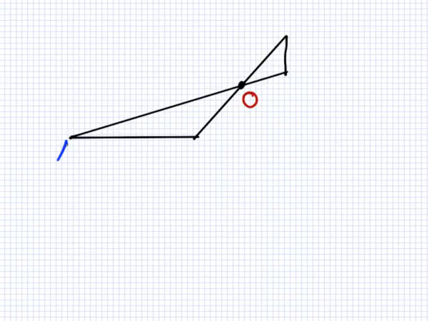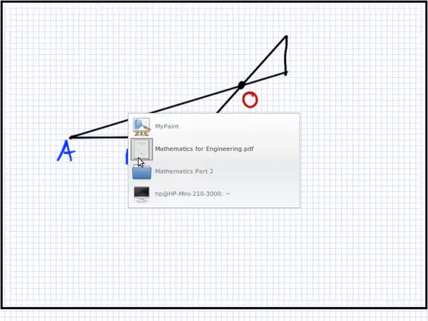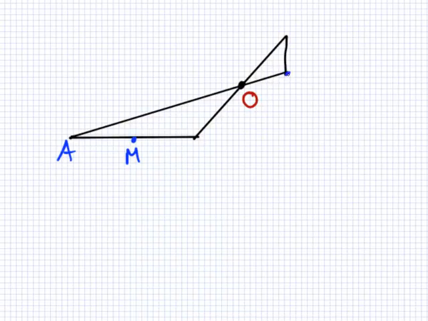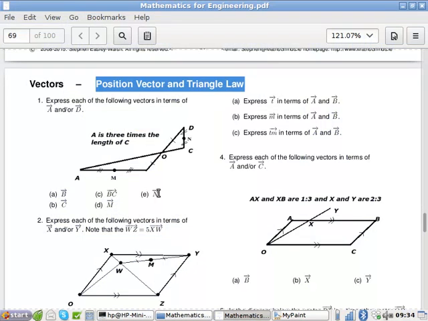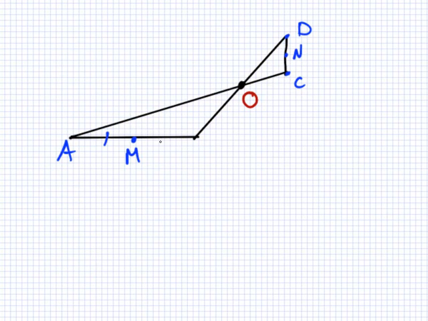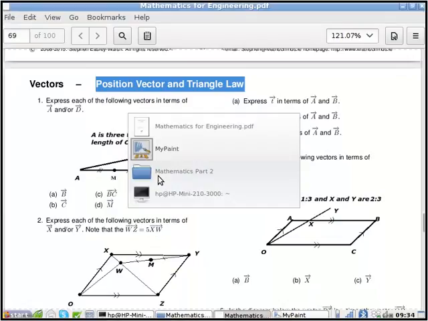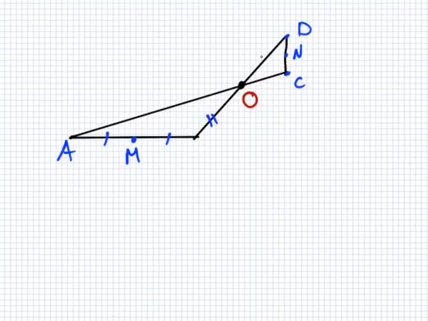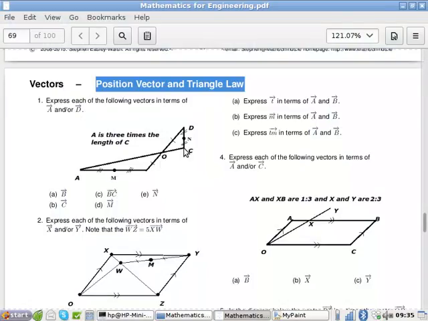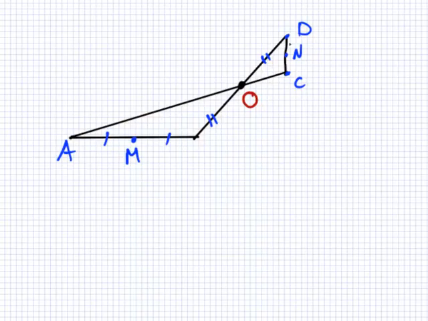This is A, this is M, this is C, this is D, this is N. This splits this in half. This is the same as this, and this splits it in half as well.